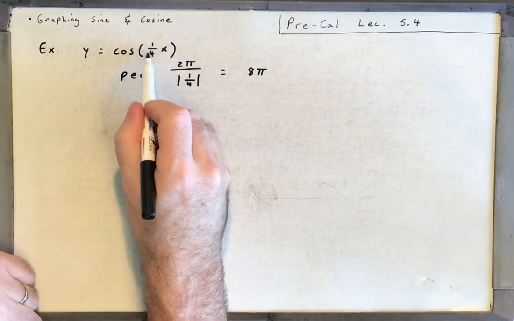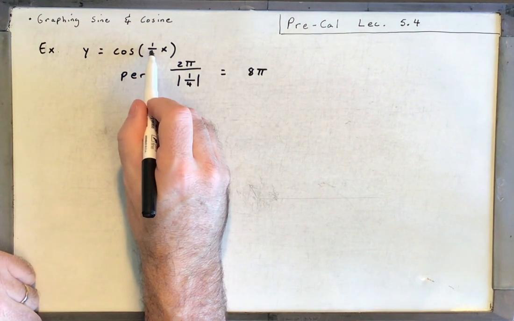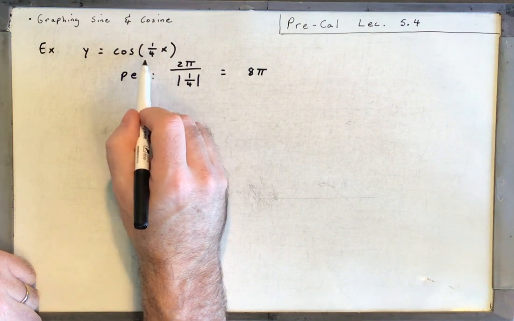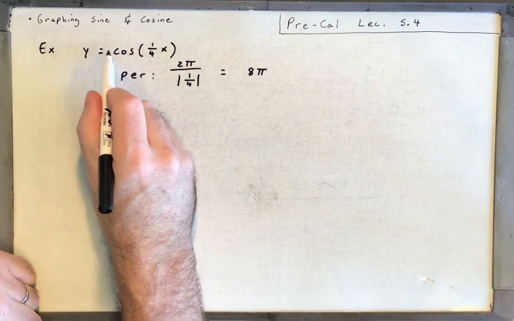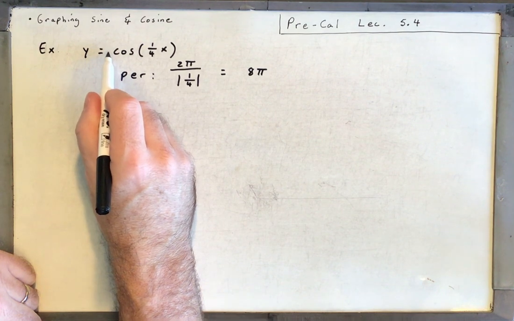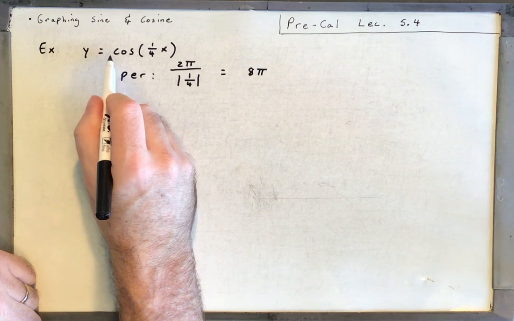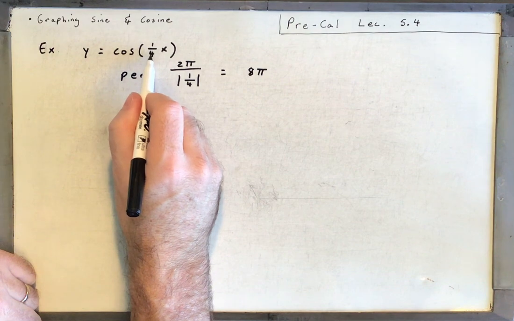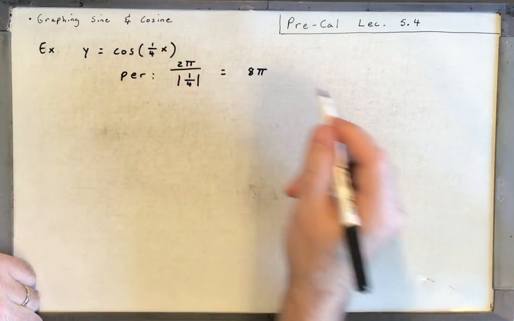So a number smaller than 1 in front of x widens out the graph. A number bigger than 1 in front of cosine, which we just have 1 in this case, would make the graph taller, or a small number in front of cosine would make it shorter. A number less than 1 makes it wider. So we have a period of 8 pi.